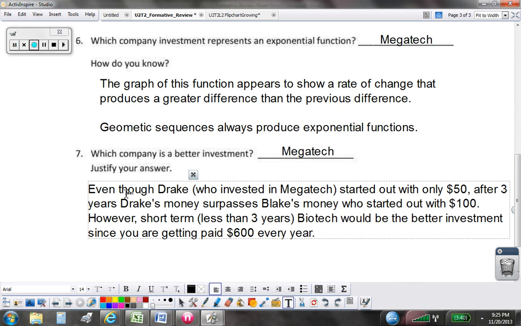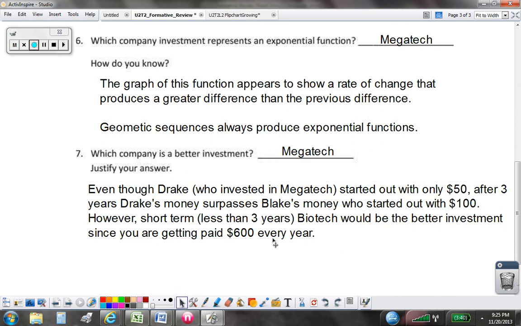Sounds really confusing. I'm sure there's a better way to word this, but it's still acceptable, and I'm getting really tired. However, short term, less than 3 years, Biotech would be the better investment since you are getting paid $600 every year.